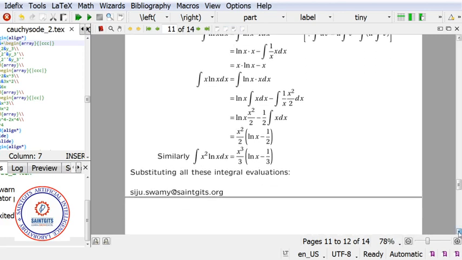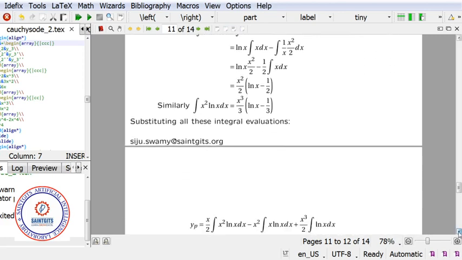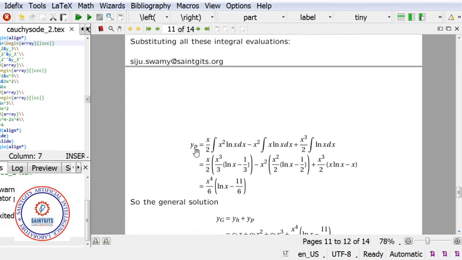Now we will use all these sub integrals in our yp equation. yp is equal to x by 2 into integral x square ln of x dx minus x square into integral x ln of x dx plus x cube by 2 into integral ln of x dx. We evaluate all these integrals separately, substitute it, and simplify. We got x raised to 4 by 6 into ln of x minus 11 by 6.